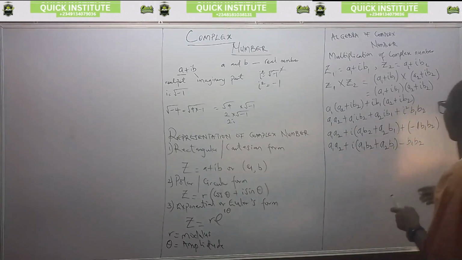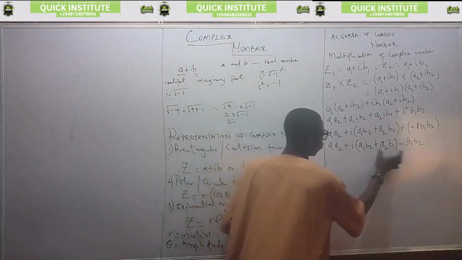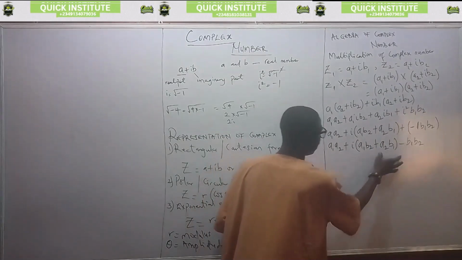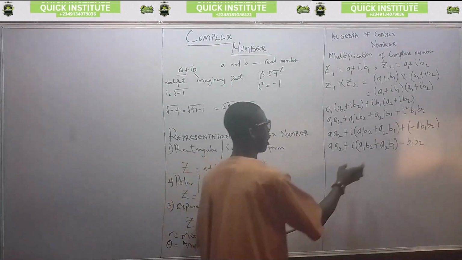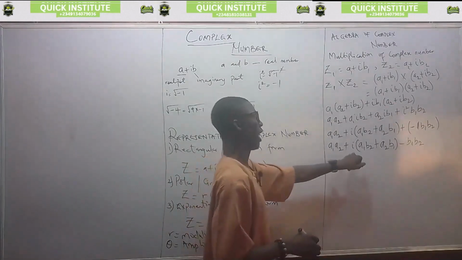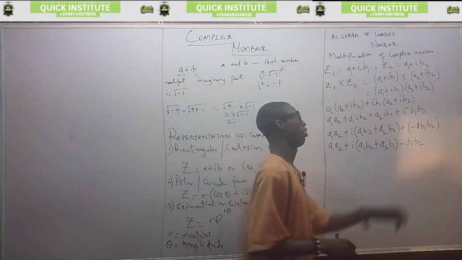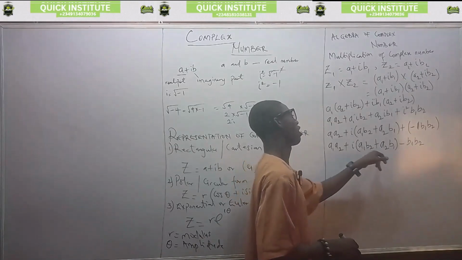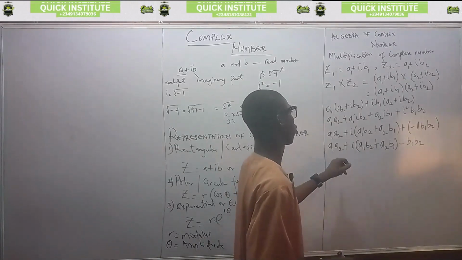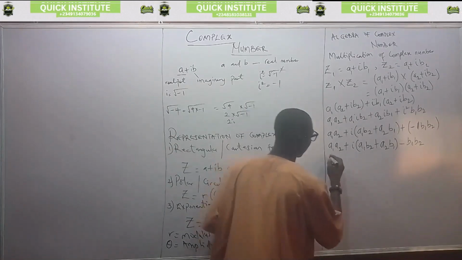So this is a real part, and this one is our imaginary part, because it contains i, and the real part doesn't contain any form of i. So the one that contains i is our imaginary part, and the one that contains only numbers is our real part.